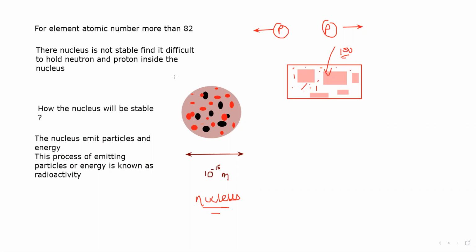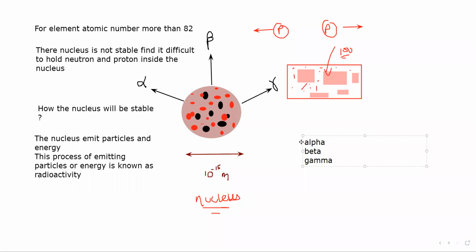There are three types of radiation or particles emitted, denoted by Greek letters: alpha, beta, gamma. The radiation or particle emitted by the nucleus to be stable is called alpha, another one is beta, another one is gamma. We'll discuss what alpha, beta, and gamma are.